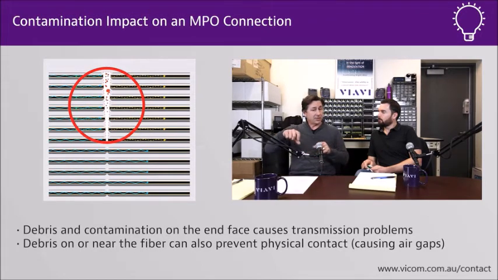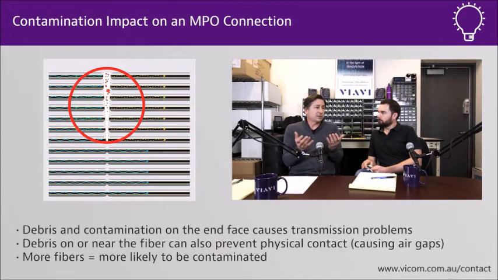We know that contamination over here prevents physical contact on several neighboring fibers. So it's way more likely to be contaminated because there's just more area. Way more probable that 12 things are contaminated. 12 things are much more likely to have one of them contaminated than one. And if the contamination exists, it's going to impact neighboring things. So it's this huge issue.